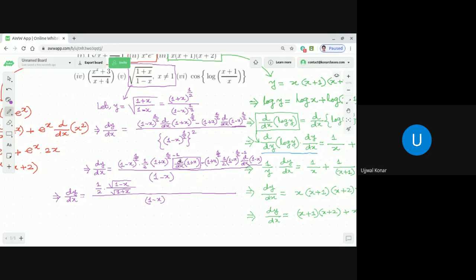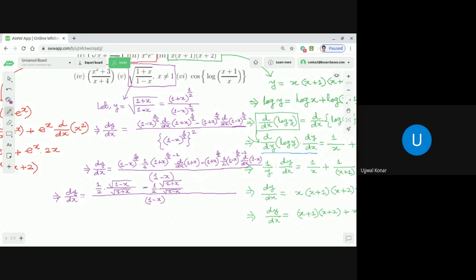Why? Because ddx of 1 plus ddx of x, ddx of 1 is 0 and ddx of x is 1. So it is 1. Similarly, in the same manner, we get minus square root of 1 plus x divided by square root of 1 minus x. And here it is 1 by 2.